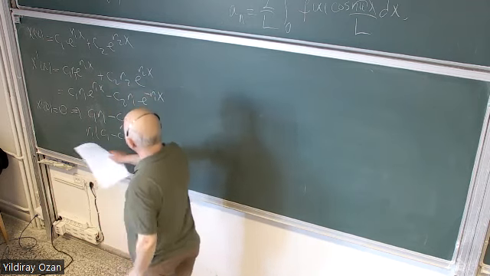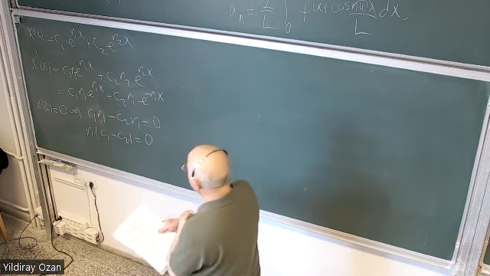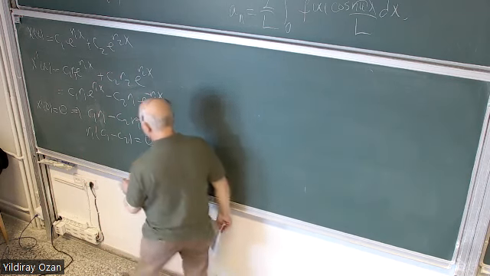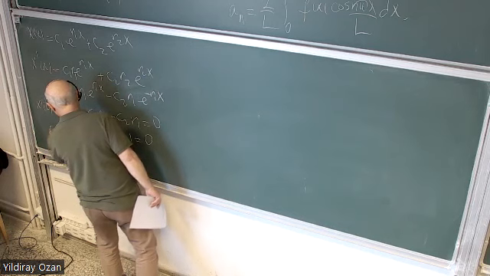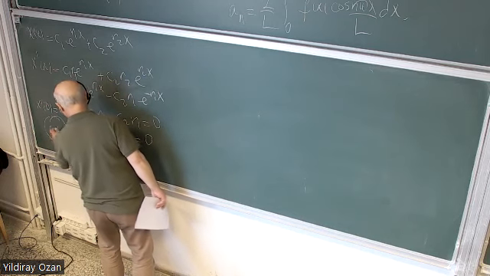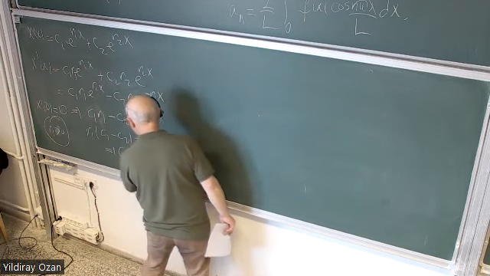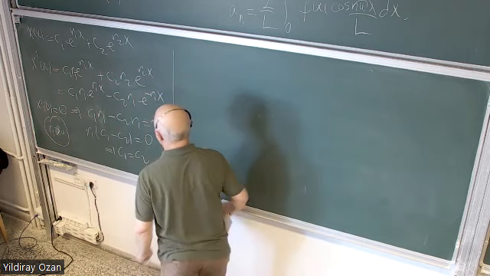So either r1 equals 0, okay, r1 is positive or negative. R1 was positive. Sorry. It's positive. Therefore, we get c1 equals c2. All right.